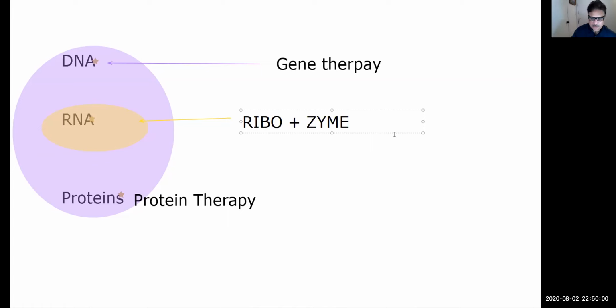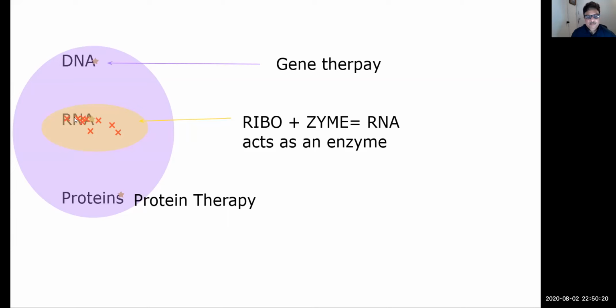So when RNA acts as an enzyme, this product is called a ribozyme. Now with this ribozyme, if RNA is bad, this bad RNA can be destroyed with the help of the ribozyme.